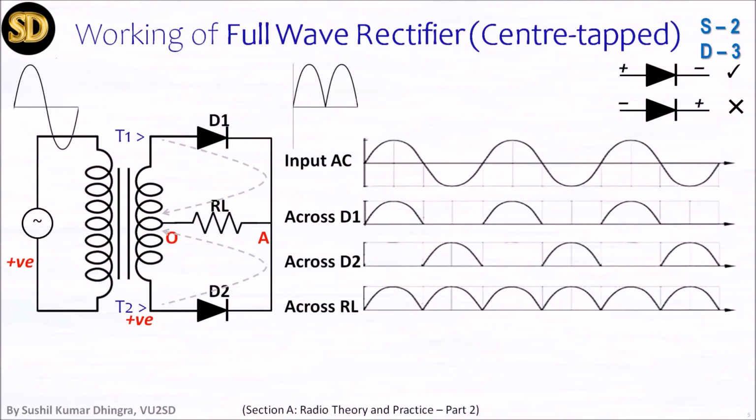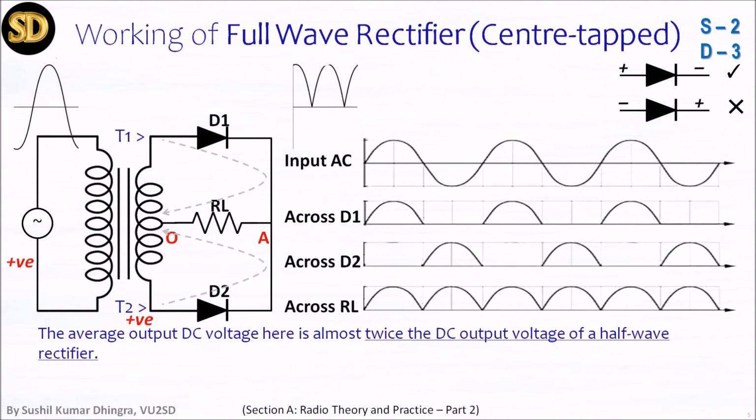Now showing the waves. I have tried my best to make an animation to show you how the input is coming and how the output is going out after D1 and D2, the sum of both. This is the result. The average output DC voltage here is almost twice the DC output voltage of a half wave rectifier.